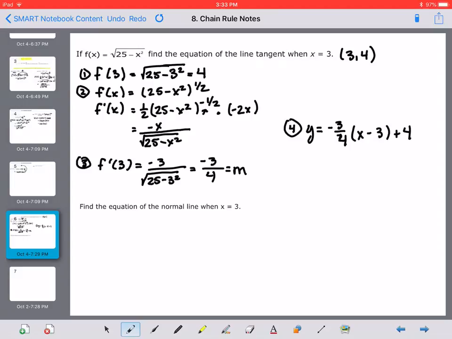Now the next example says the equation of the normal line when x is equal to 3. The normal line and the tangent line both go through that same point of tangency, that 3, 4. A normal line, I've said this before, is a line perpendicular to the tangent. So if the slope of my tangent line is equal to -3/4, to find a perpendicular line, we do 2 things. This becomes the slope of the normal line, NORM for short.